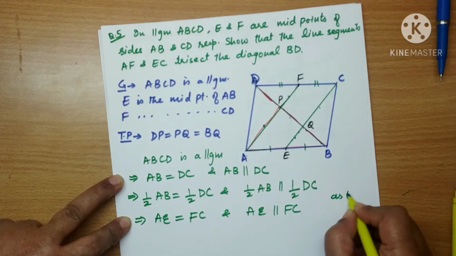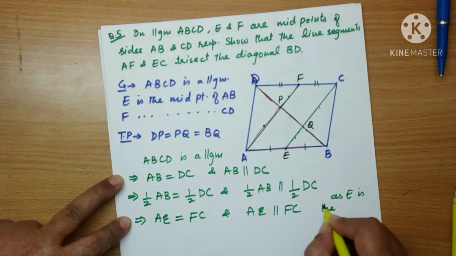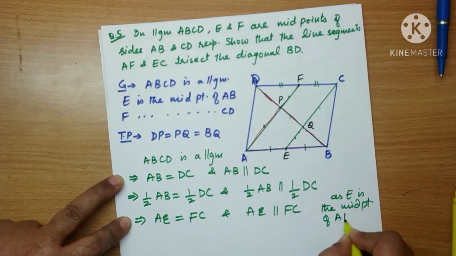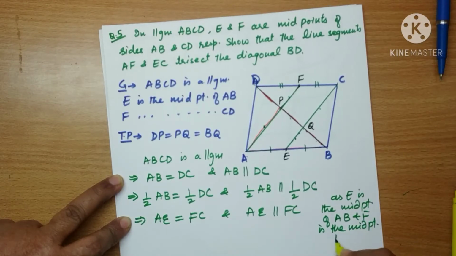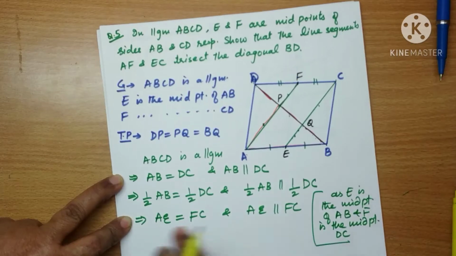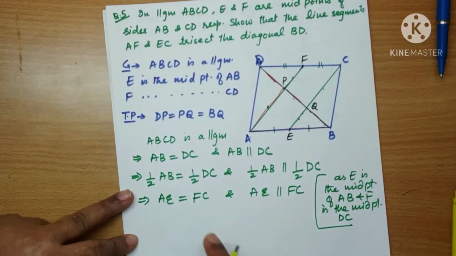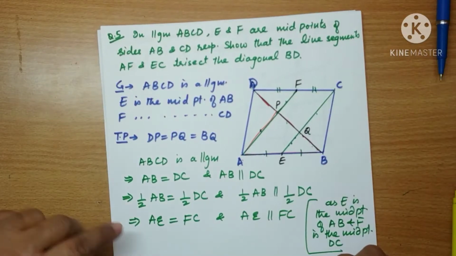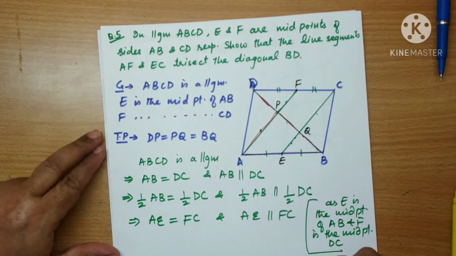As E is the midpoint of AB and F is the midpoint of DC, these are halves. Now one set of opposite sides equal and parallel in a quadrilateral implies the quadrilateral is a parallelogram.